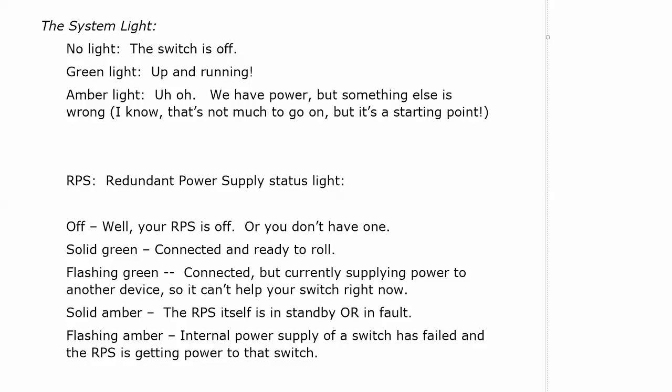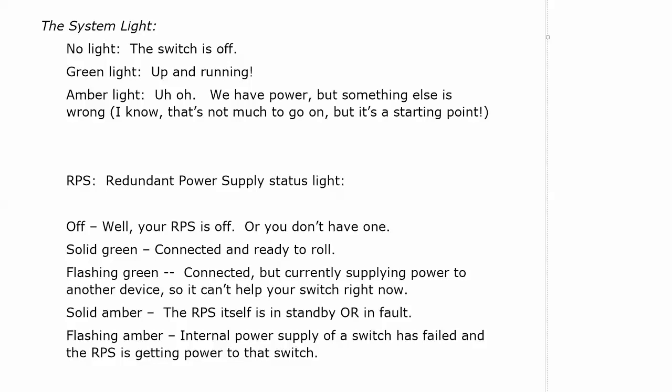That RPS is your redundant power supply status light. And if that's off, well, your RPS is off, or of course you don't have one. Solid green means connected and ready to roll. Flashing green means it's connected, but it's currently supplying power to another device, so it can't help the device that you're on right now.